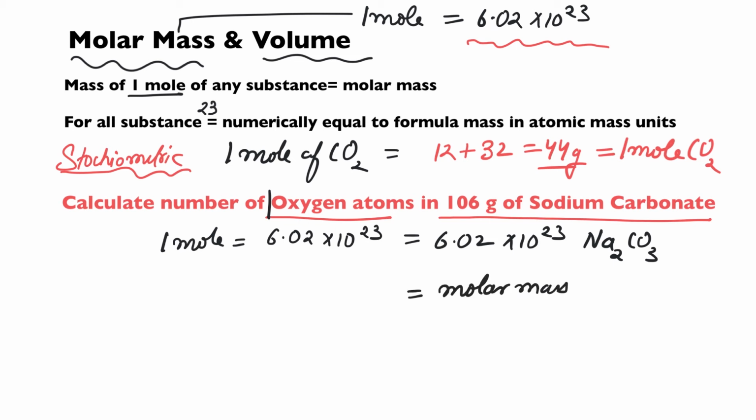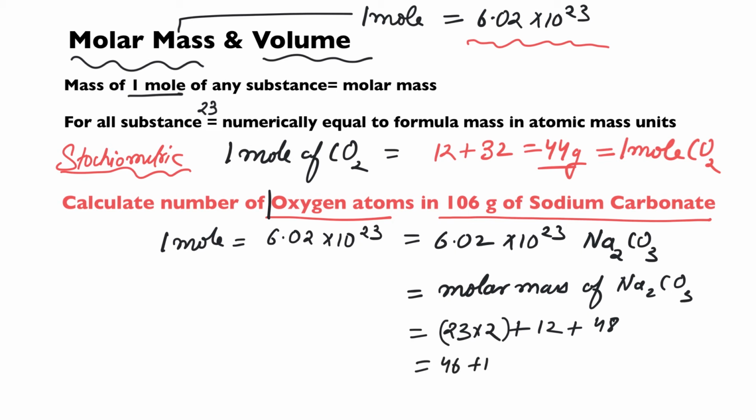And that would be equal to the molar mass of Na2CO3, which is how much? 23 times 2 for sodium plus 12 for carbon plus 16 times 3, that's 48. Now if you do that, that's 46 plus 12 plus 48, that comes to be around 106.